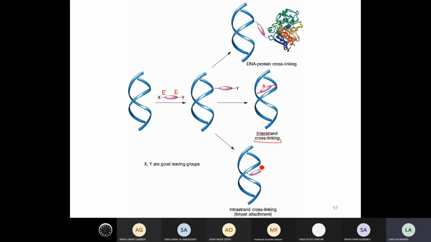As for إذا الالكيليشن صار عندي على نفس الستراند احنا بنسميه intrastrand cross-linking. هلا such covalent binding وكأني أنا عم بعمل stabilizing لل DNA helix, which will prevent the unwinding that is very necessary for both the replication وال transcription.